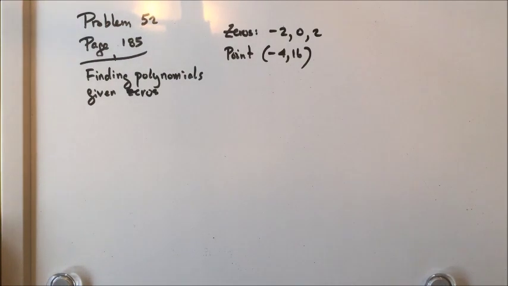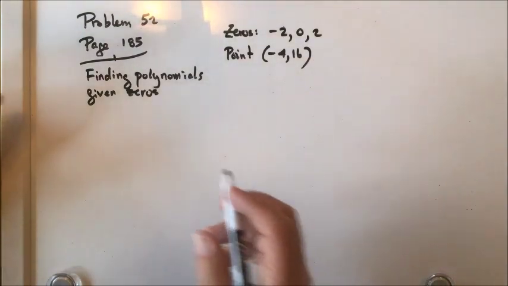You're given in this problem 52, which is a sister to I think your problem 55 in your homework set 11. You're given in this case 3 zeros, plus or minus 2 and 0, and a point, minus 4, 16, and you're asked to find the polynomial that goes through all 4 of those points. So you do this actually fairly quickly.